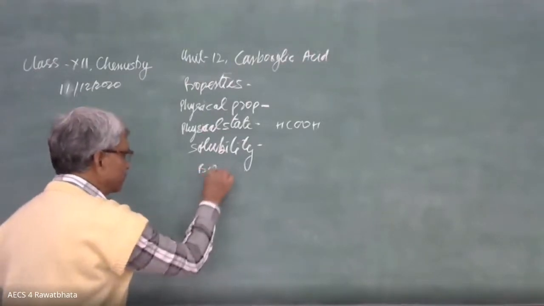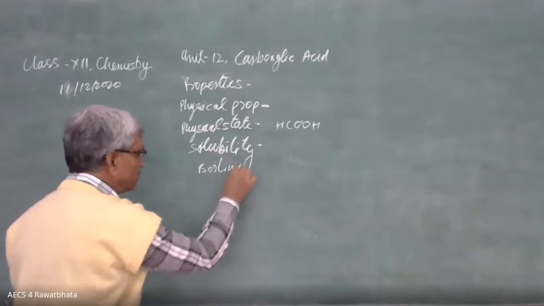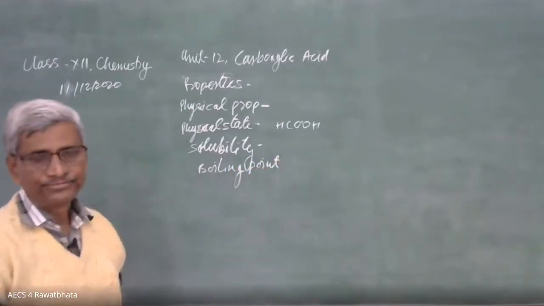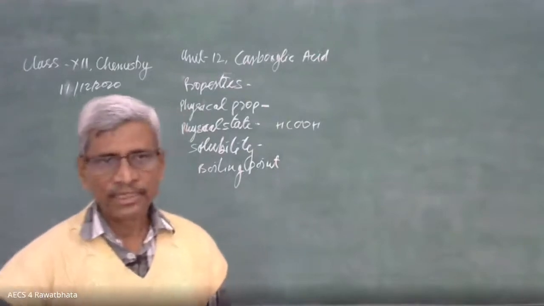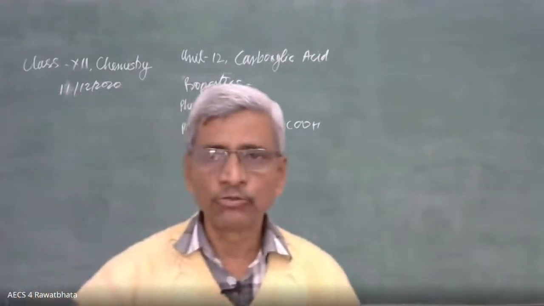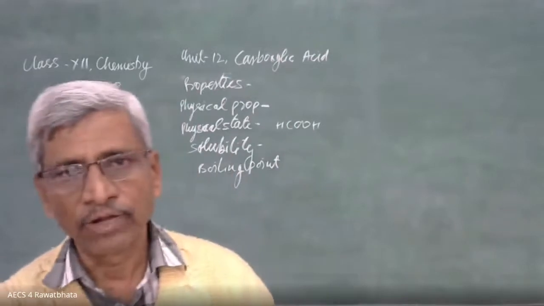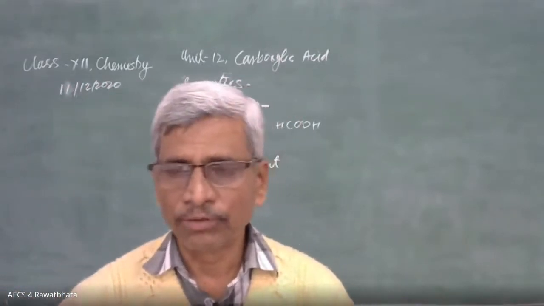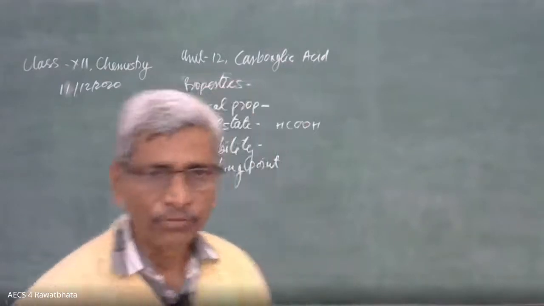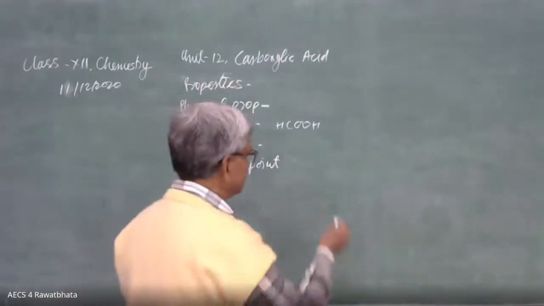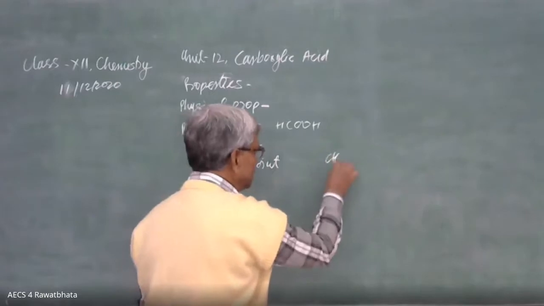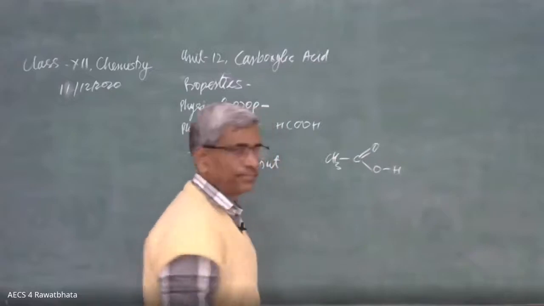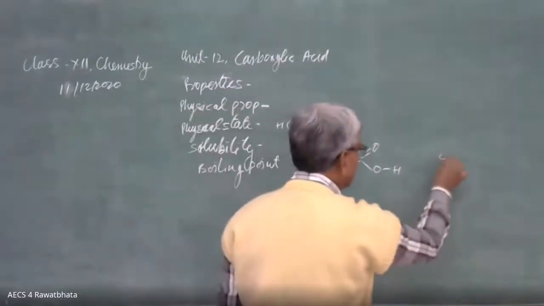Boiling and melting point. Boiling point is higher as compared to the corresponding alcohols or alcohols having comparable molecular mass, because dimer formation takes place, which we have seen in previous units, like CH3COOH. It is going to form a dimer in this way.